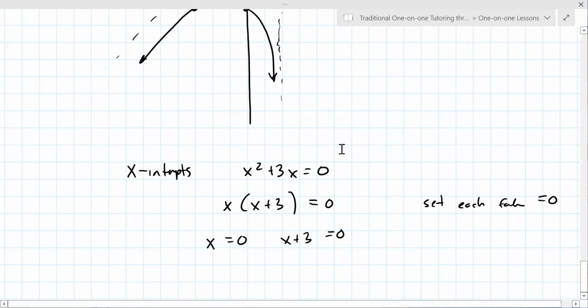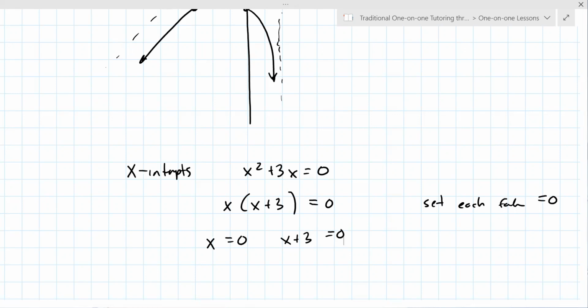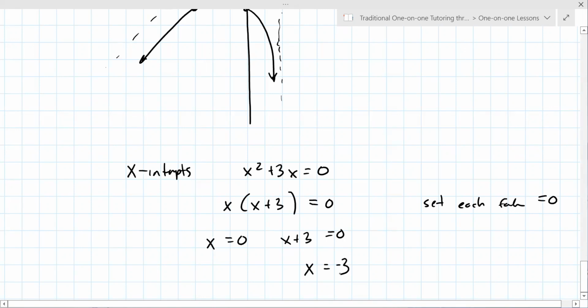When I look at your work, I think I see maybe a transcription error more than anything. So x equals 0 and x equals -3. Those are the x-intercepts, and you wrote them as ordered pairs. These are the correct ordered pairs for this one.